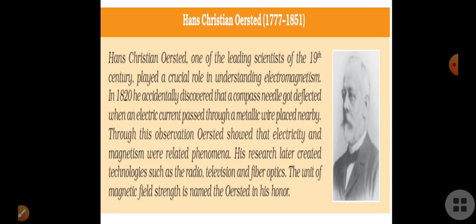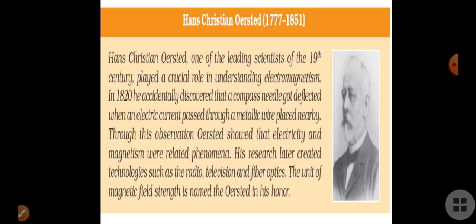They were passing the current and observing the readings, as we do in our lab. But there was a compass needle lying near their experimental setup. Suddenly, Ørsted noticed that when they started passing current through that conductor or wire, there was a deflection in the compass needle.